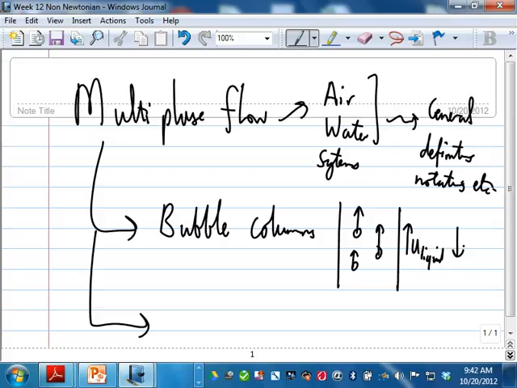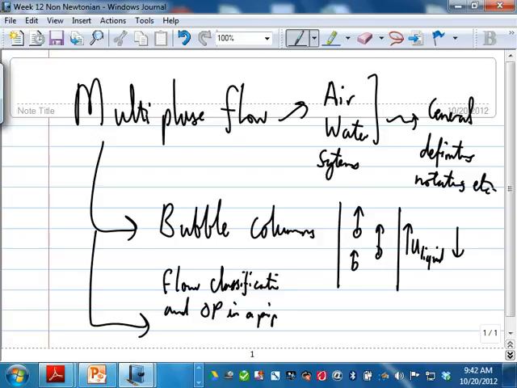The second one, I think they do flow classification and delta P in a pipe. Okay, this one is mainly pipe flow.